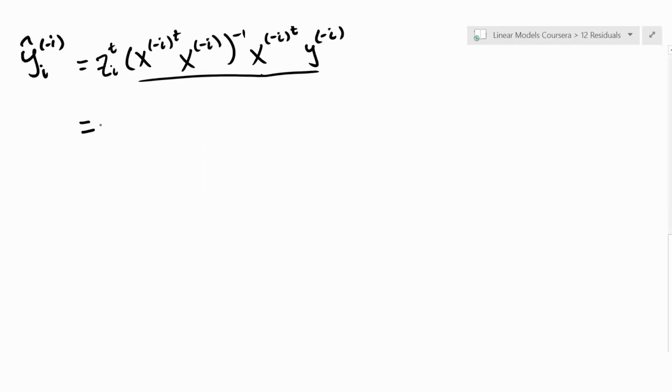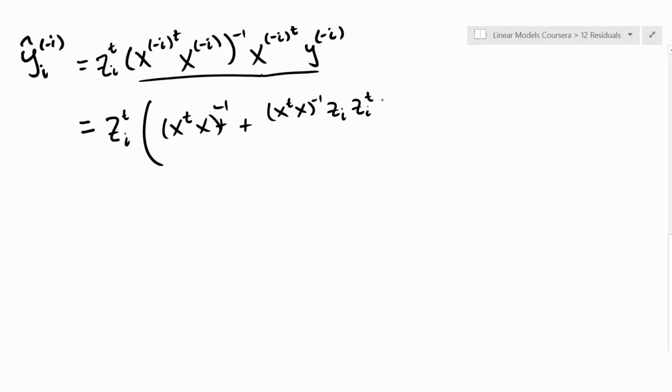So if you go back to our earlier definitions, there's my z_i transpose, then my (X^T X) inverse, plus (X^T X) inverse z_i z_i transpose (X^T X) inverse all over 1 minus h_ii.